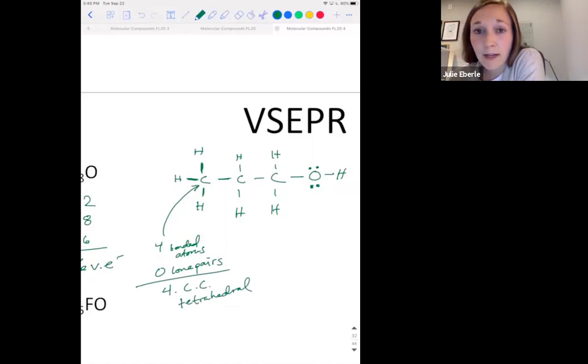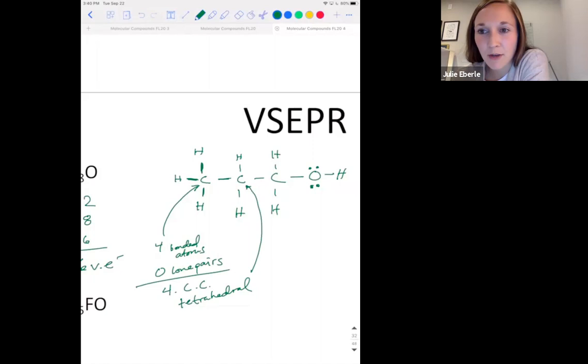Okay, what about the next carbon? So we have 4 central atoms here, 3 carbons, and that oxygen is central as well because it has more than 1 bond. This carbon looks, I don't know about you, it looks the same exact way as the first carbon. So I'm just going to draw an arrow. It's also tetrahedral.